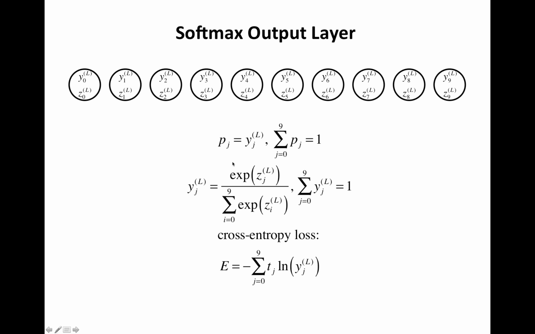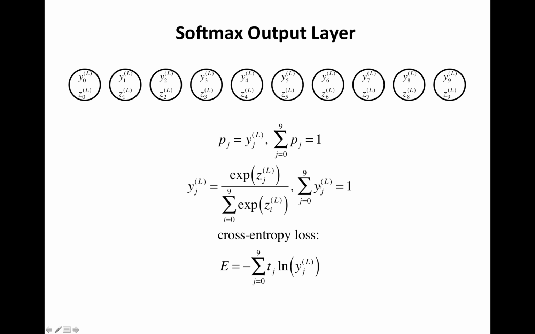Unlike in other kinds of layers, the output of a neuron in a softmax layer depends upon the outputs of all the other neurons in the same layer. This is because we require the sum of all the outputs to be equal to 1.